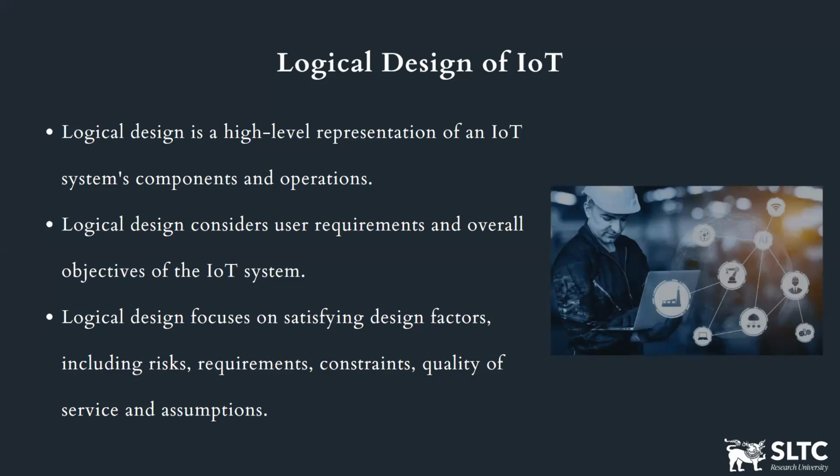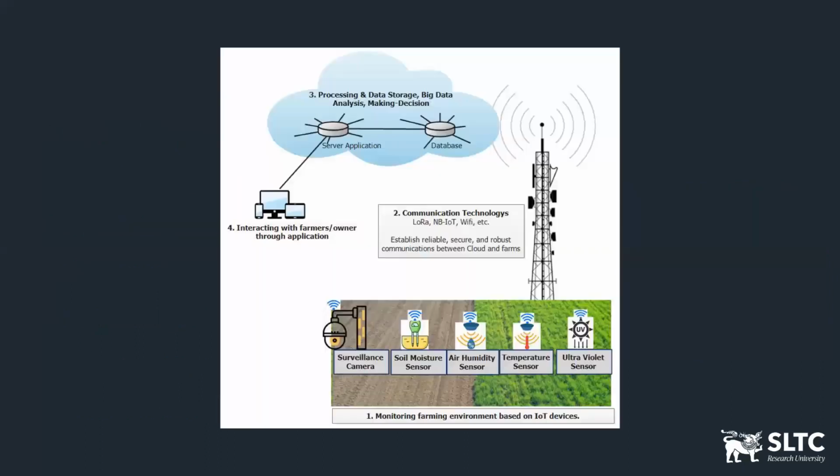the IoT network. Let's say, for example, we consider a situation where we have smart agriculture. If a customer comes to us and asks us to design an IoT network based on this application, the engineer first has to understand the specific requirements of the customer.